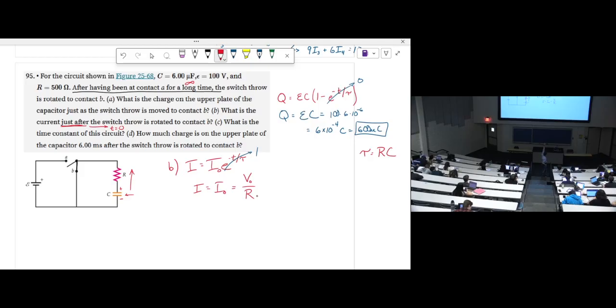No, because I was doing a long time, T goes to infinity, and the exponential of minus infinity is 0. Up here, I had T goes to infinity. Here I've got T equals 0.